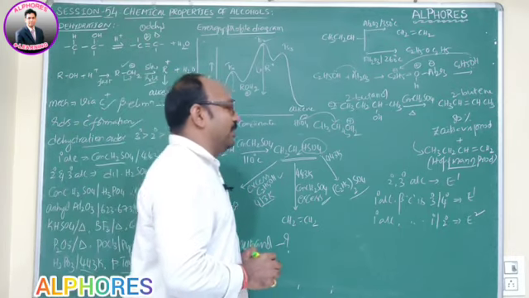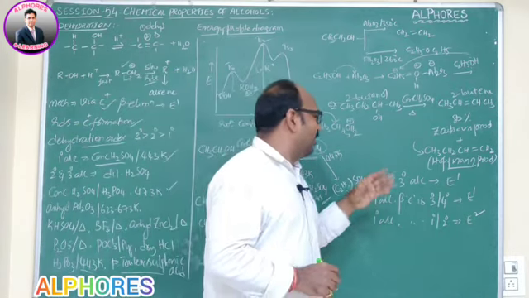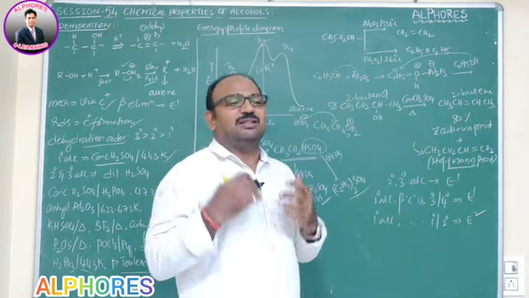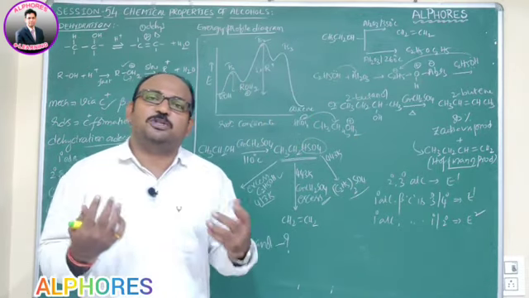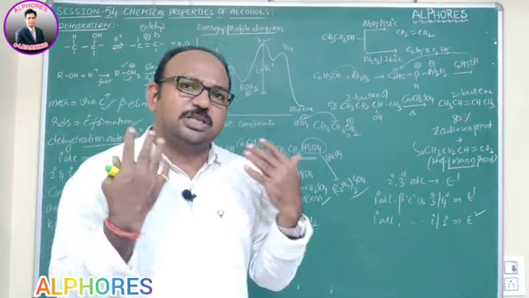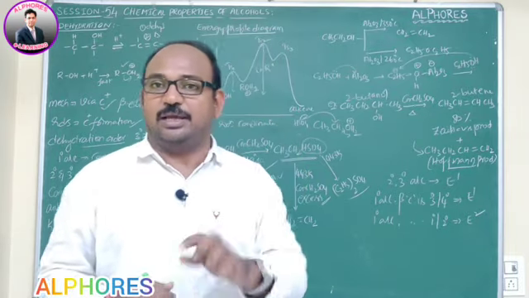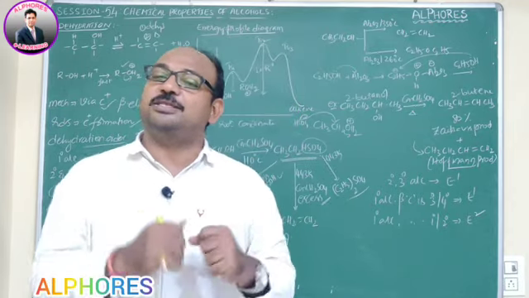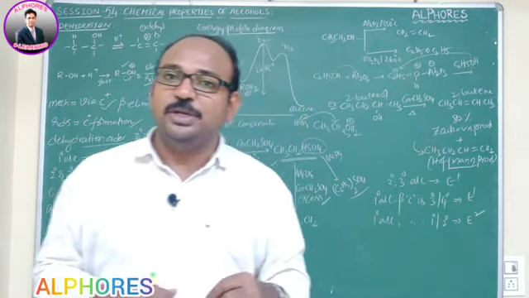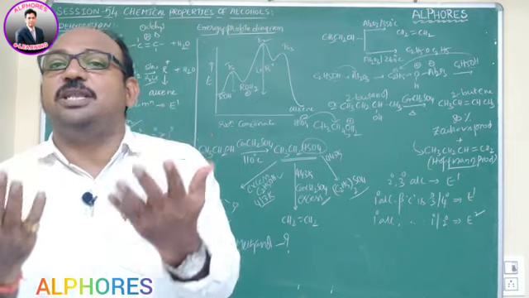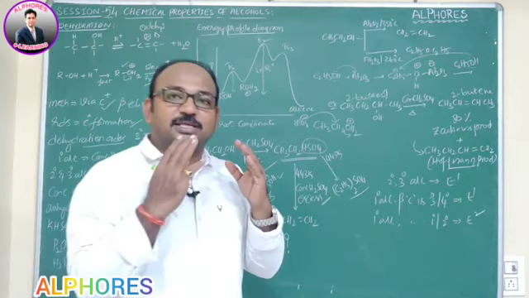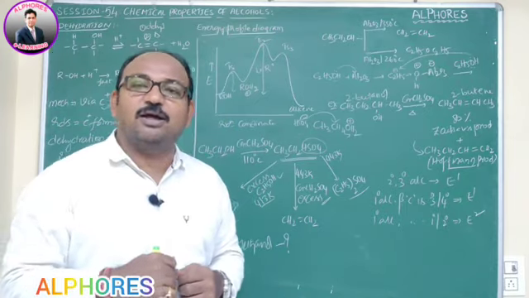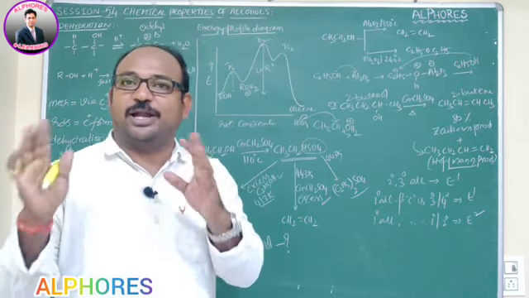And here you should remember, primary alcohol, for example ethyl alcohol, is not able to form a stable carbocation. Generally secondary and tertiary alcohols are able to form secondary and tertiary carbocations, that means stable carbocations.